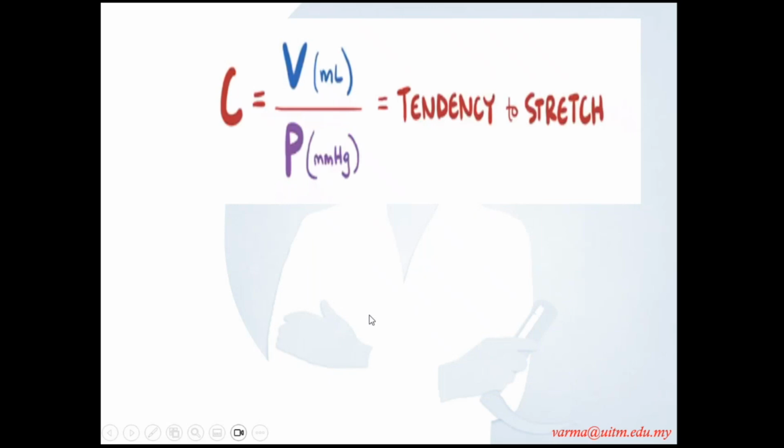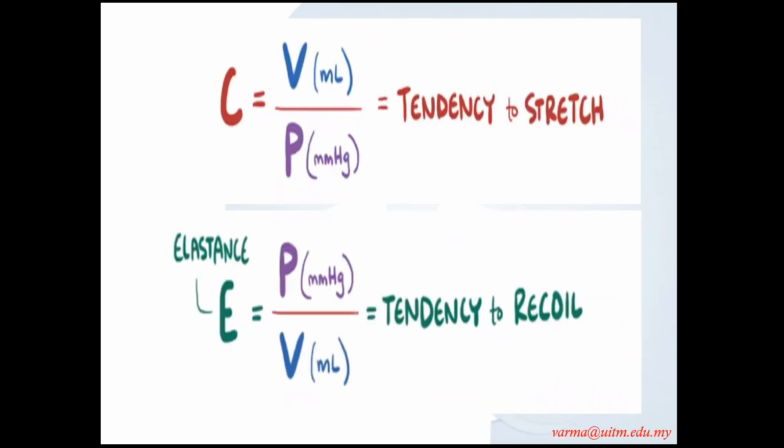Another small thing I want to mention is that we always hear the word compliance, but in some books, especially when you talk about cerebral blood flow, and in the respiratory system when you talk about alveoli, you will hear a term called elastance. So what is elastance? Elastance is just the inverse of compliance. Compliance is volume over pressure; inverse it, and pressure over volume is elastance.